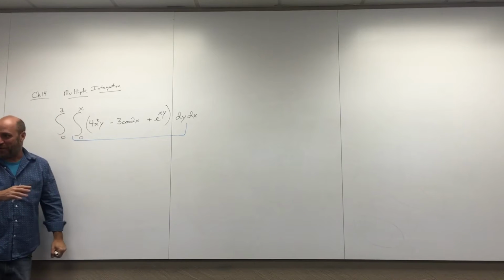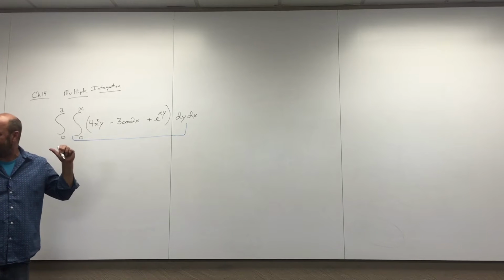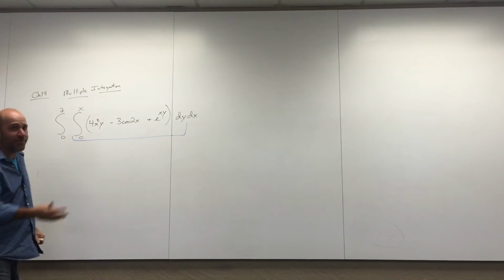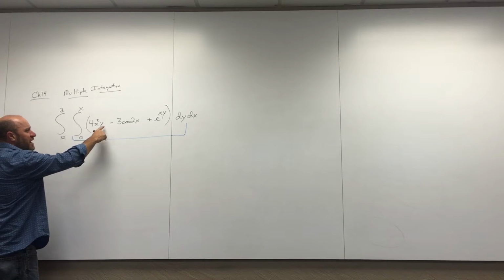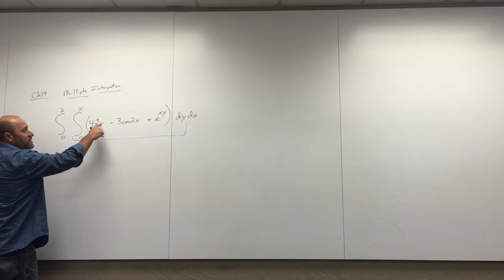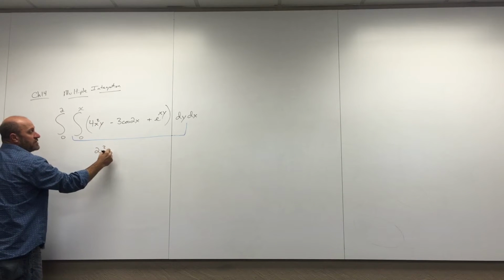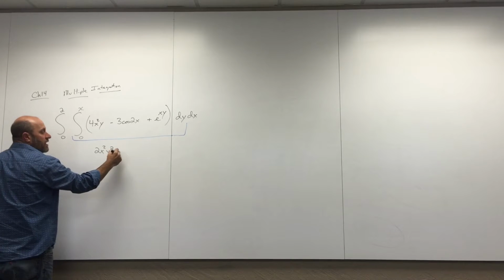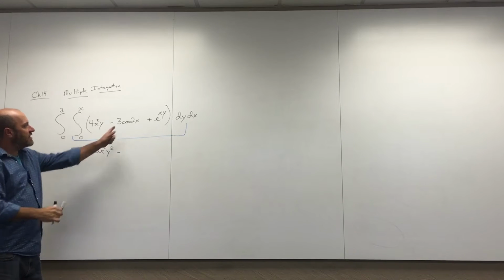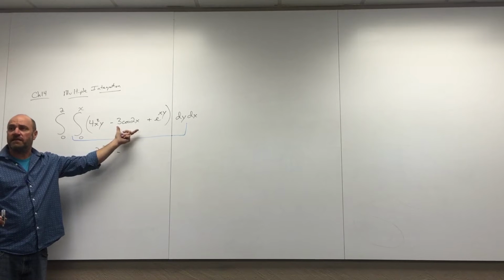By the way, this is a big shift in gears from what we were doing last week. We were differentiating, now we're integrating. With respect to y, when you integrate y squared you get y squared over 2, so y squared divided by 2 will make that a 2x squared y squared. Integrating with respect to y, the next term is just a big old constant, minus 3 cosine 2x.